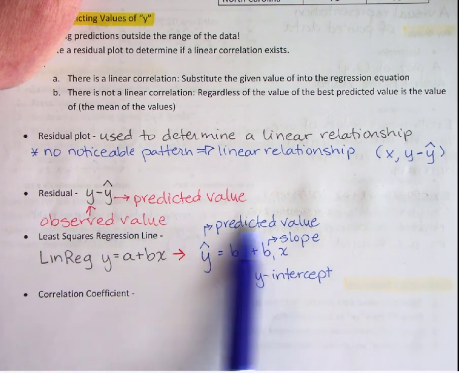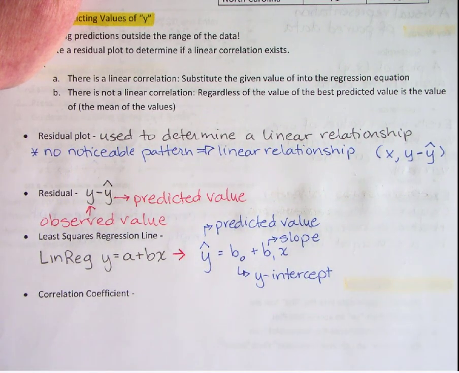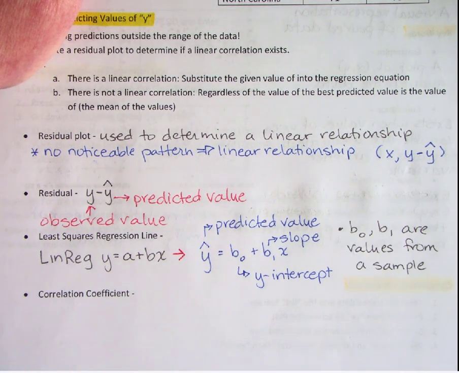But again, this line should never be used to predict values outside the current data set. It's also important to note that the B sub 0 and B sub 1 values are values from a sample. So you're going to be looking at sample data, and those values come from that.